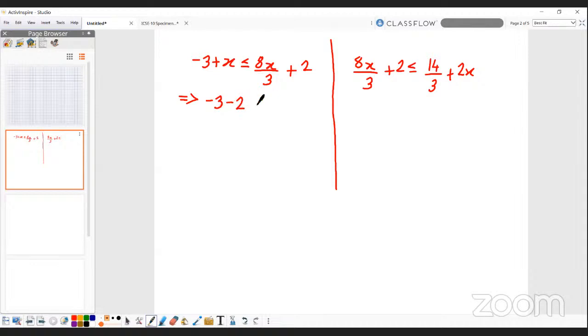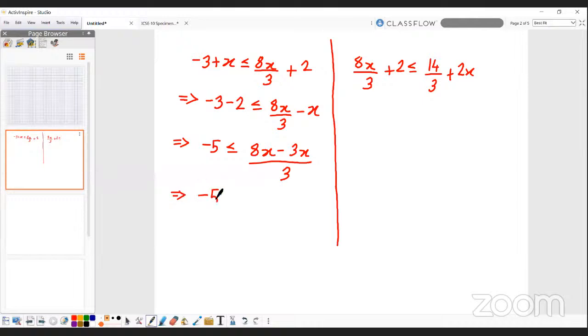Minus 3 minus 2 less than equal to 8x upon 3 minus x. That will give you minus 5 less than equal to 8x minus 3x upon 3, which will be minus 5 less than equal to 5x upon 3.